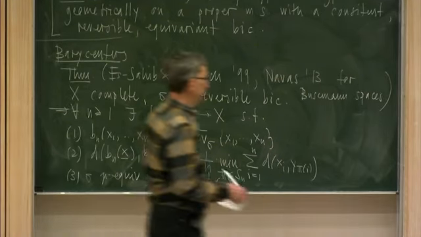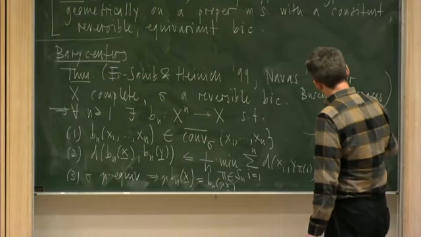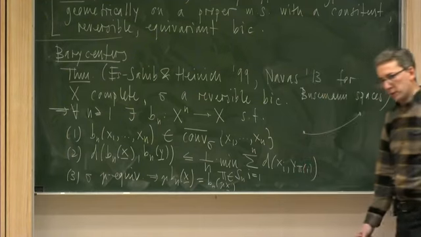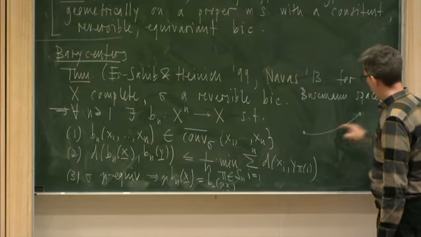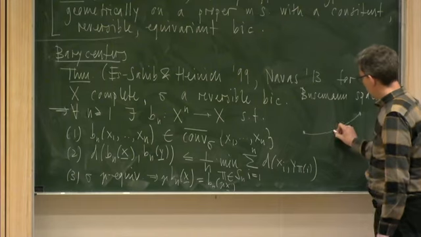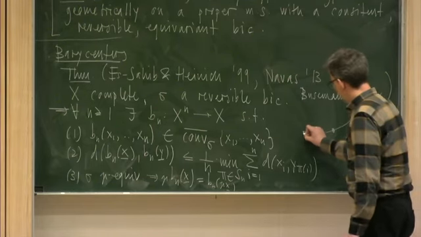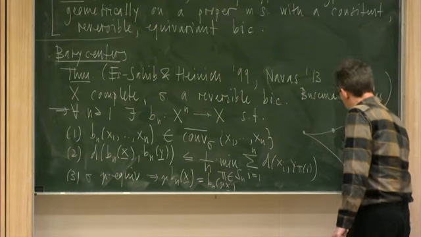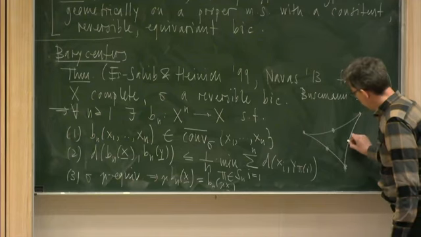So the idea of the construction is the following. The bicombing is reversible, so we don't have to worry about directions. So if we start with 2 points, then the barycenter is of course the midpoint on the bicombing geodesic. Now if we take 3 points, then you just take the midpoints on all the sides.